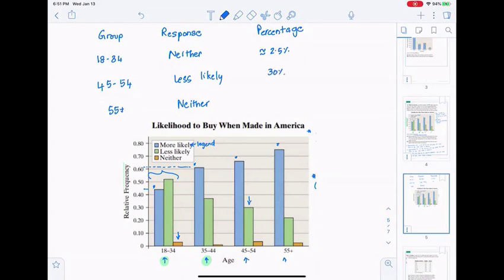And lastly, neither in the 55 plus group, it's about 2%, so we'll call it approximately 2%.